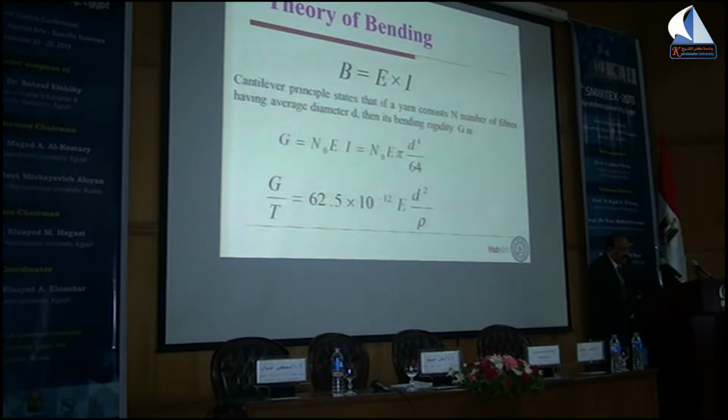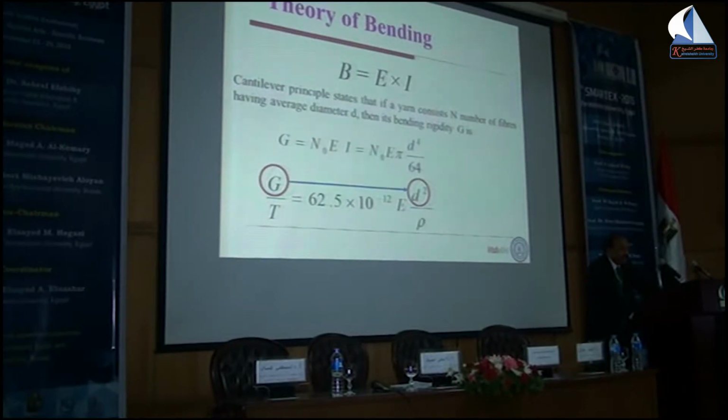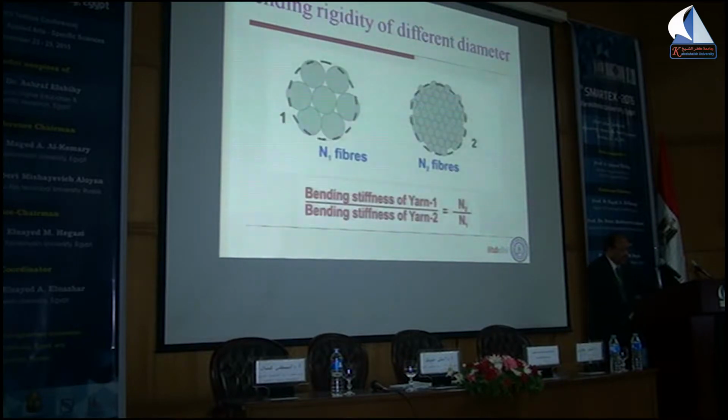The contribution of bending in the fabric hand is to the extent of 35% compared to all other mechanical properties. That's why bending has been taken as one of the major parameters, and we indirectly relate the bending rigidity of fibers of different cross sections.